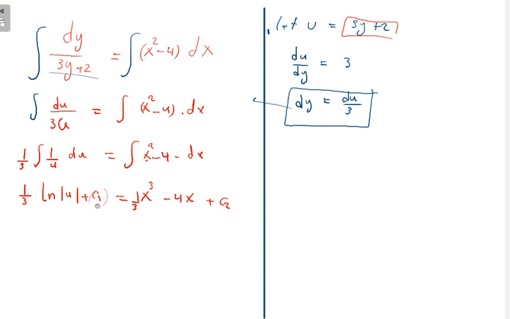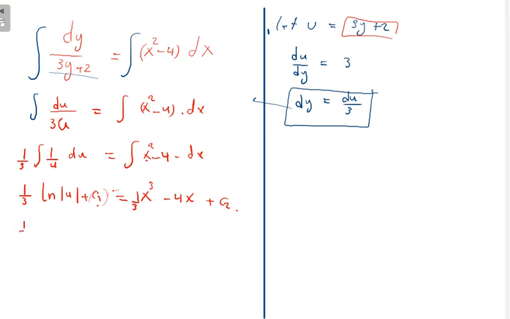Now I will take all the constants to one side. I will take c1 to the other side. I will have c2 minus c1, which equals another arbitrary constant. Let's name it c3.